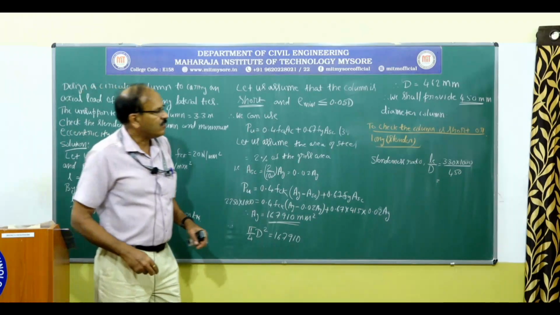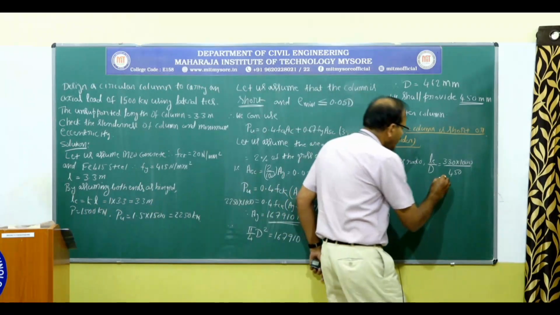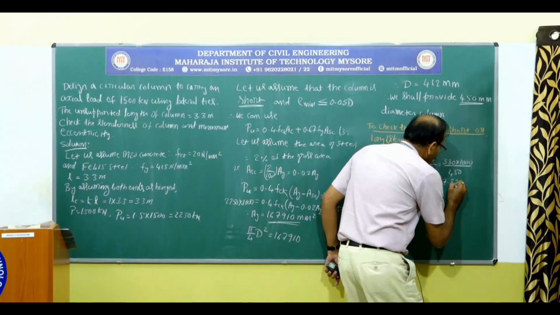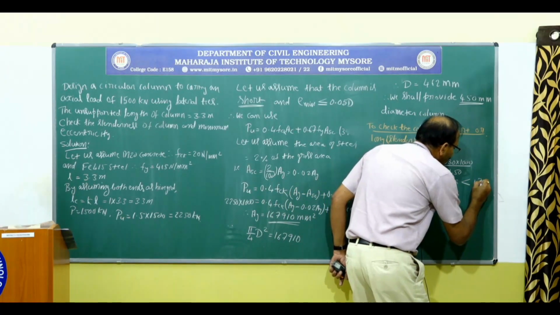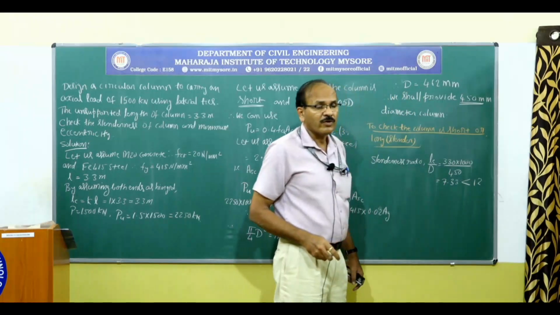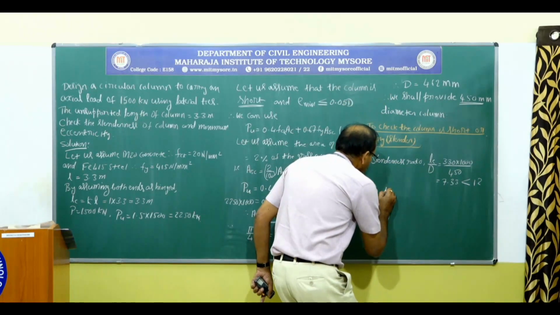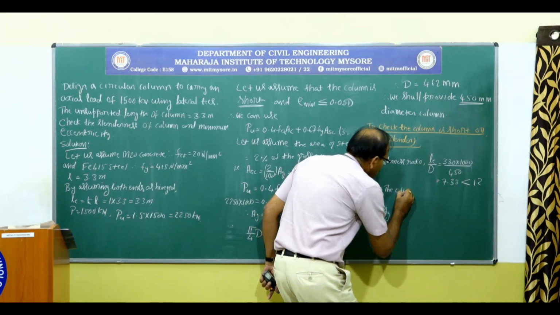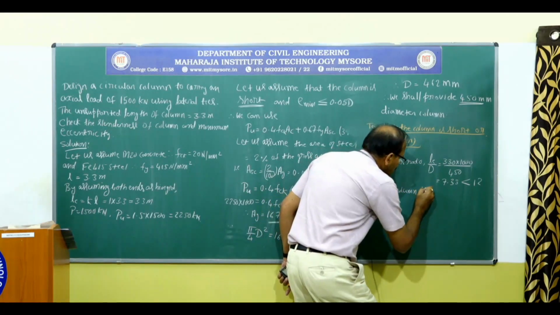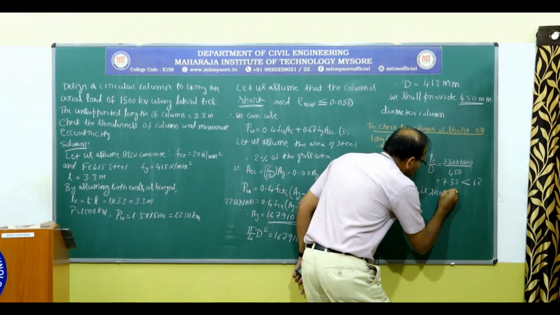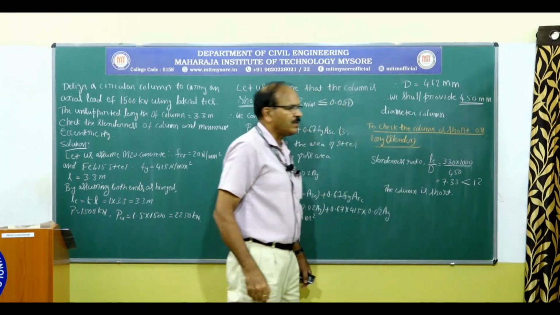That value turns out to be 7.33, and this is less than 12. Because this value is less than 12, therefore the column is short.